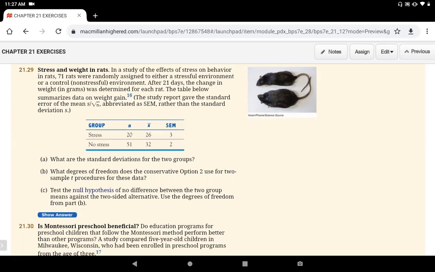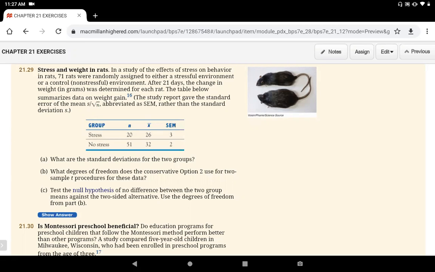The study report gave the standard error of the mean, S divided by root n, abbreviated as SEM, rather than the standard deviation. What are the standard deviations for the two groups?